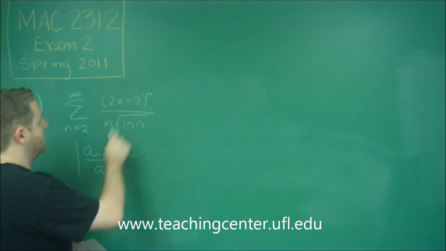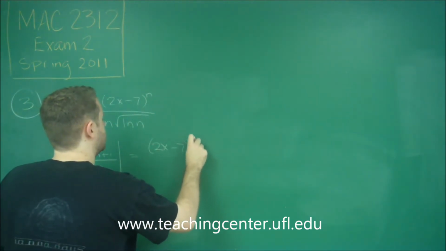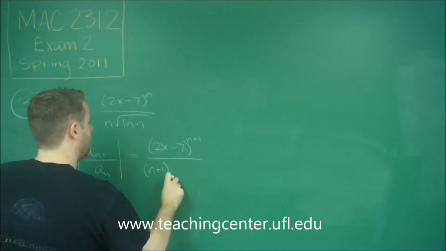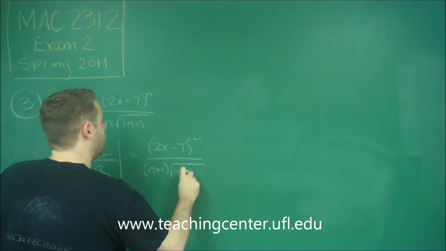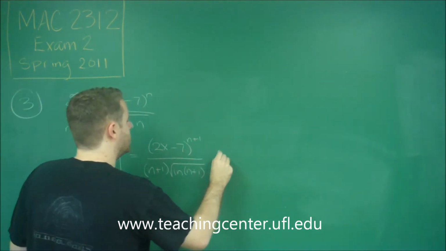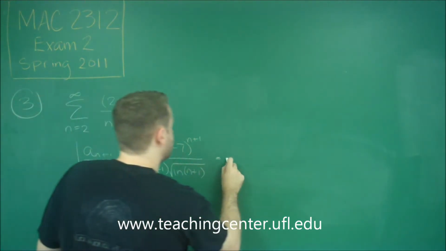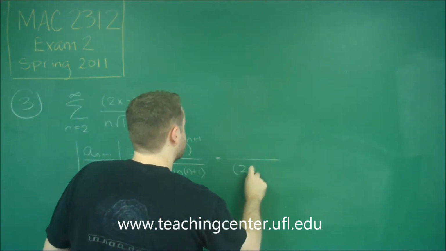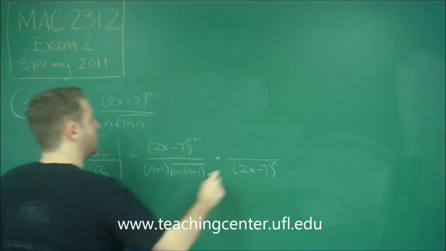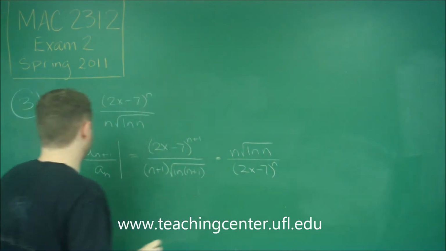So if we sub in n plus 1, we get 2x minus 7 to the n plus 1 over n plus 1 square root of ln n plus 1. We multiply that by the reciprocal of the nth, so we just flip that and we get 2x minus 7 to the n on the bottom, and on the top we just get n root ln n.